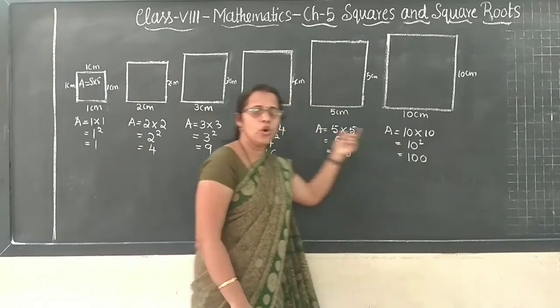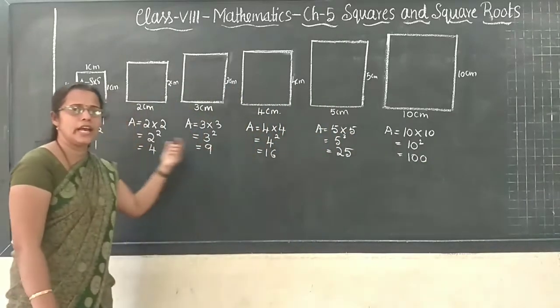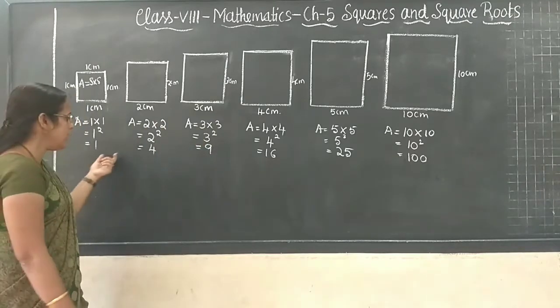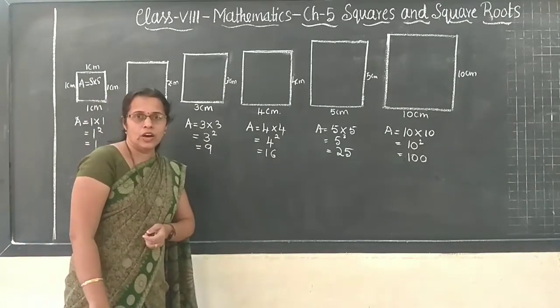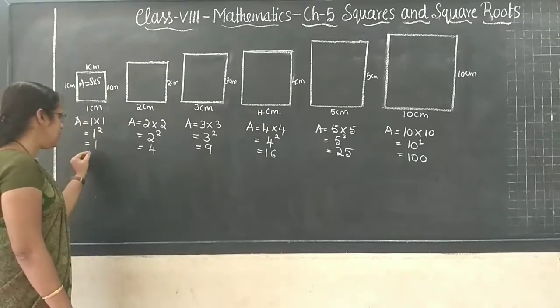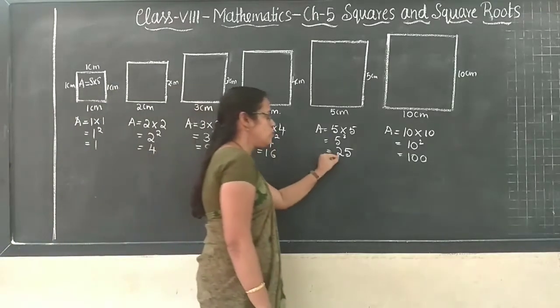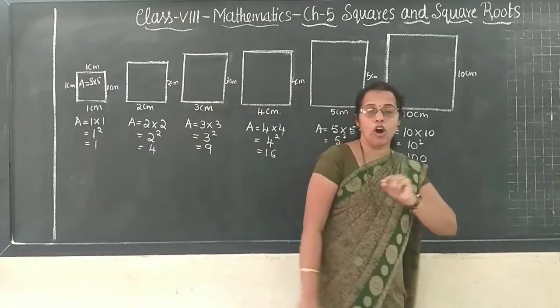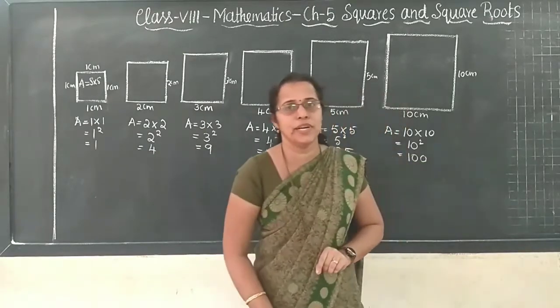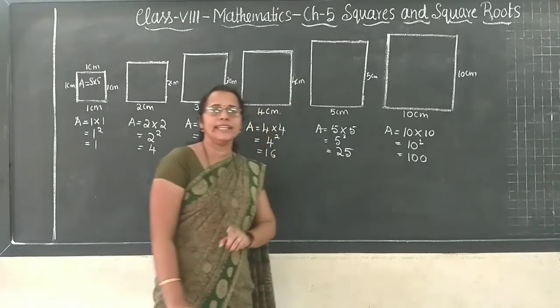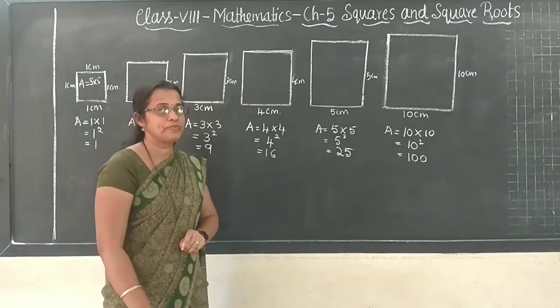So what is the speciality about these numbers? Can anyone say, children? 1, 4, 9, 16, 25, 100 are all called which numbers? Square numbers. Why are we calling them square numbers, children?